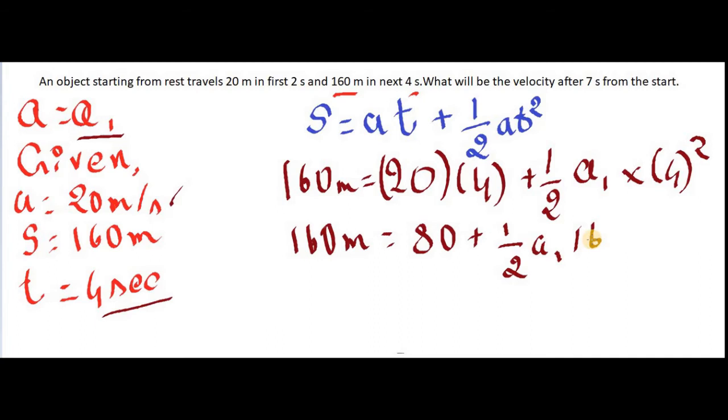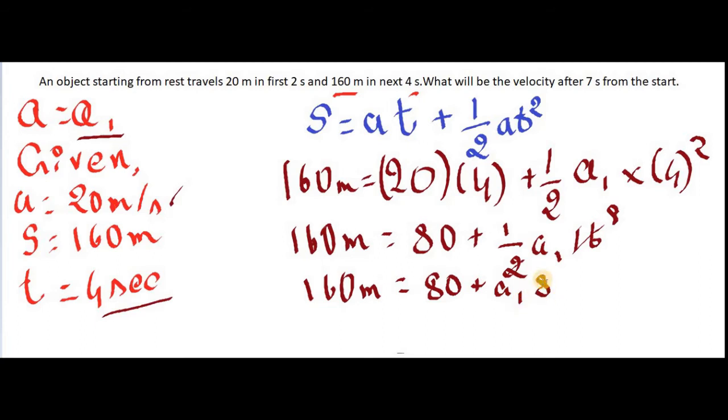Half of 16 is 8, so we can cancel it. So it would be 160 meters is equal to 80 plus a1 into 8.